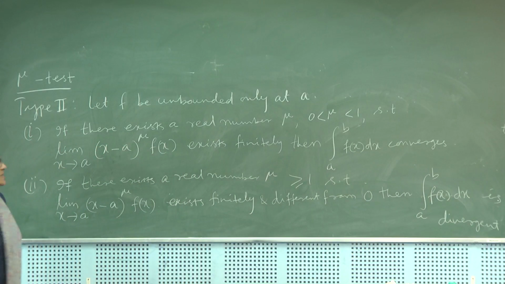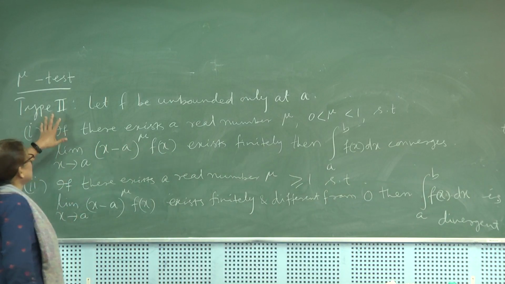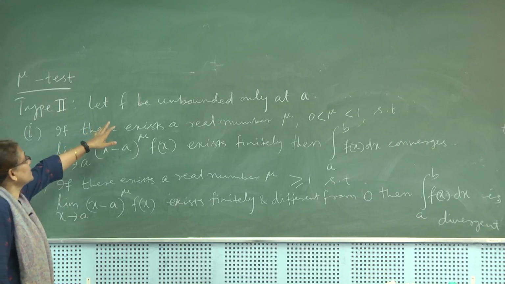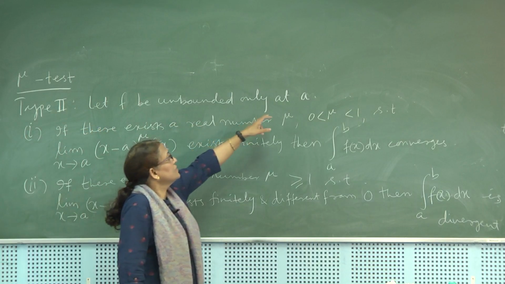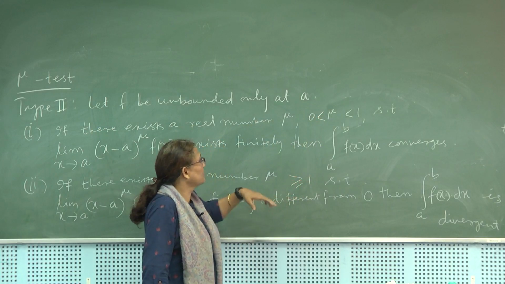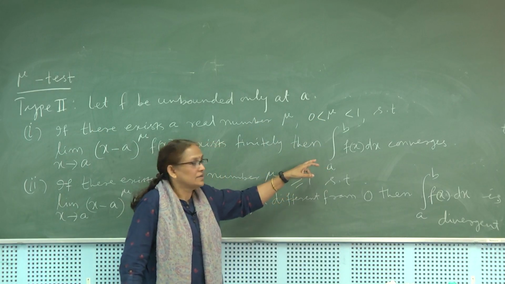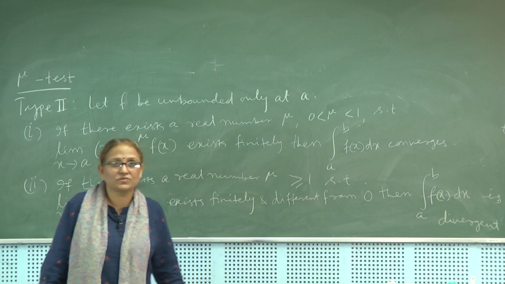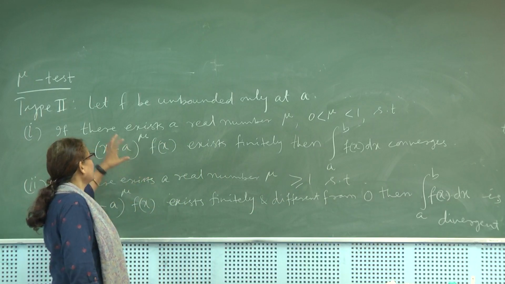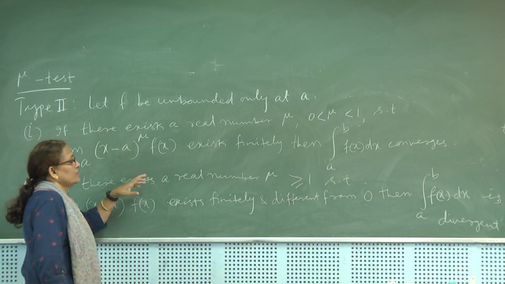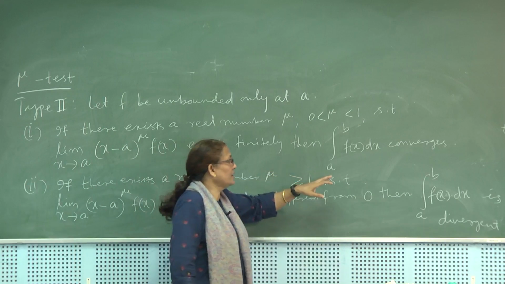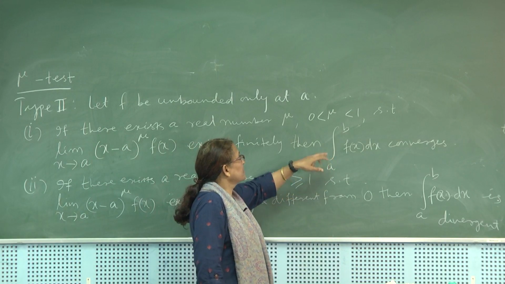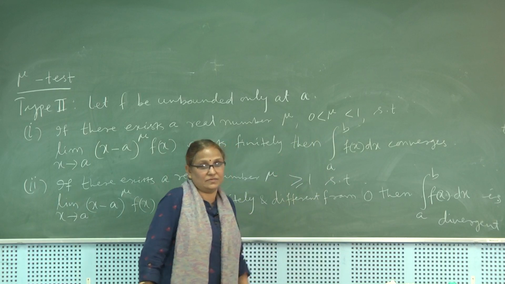Well, this is about type 2 improper integral, where the function f is unbounded only at the lower limit. Similarly, we get also that mu test for improper integral where the function will be unbounded only at b.